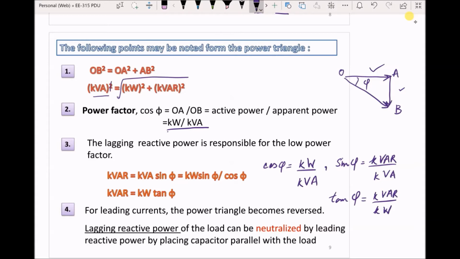We can also find the value of phi by taking the tan inverse of this.